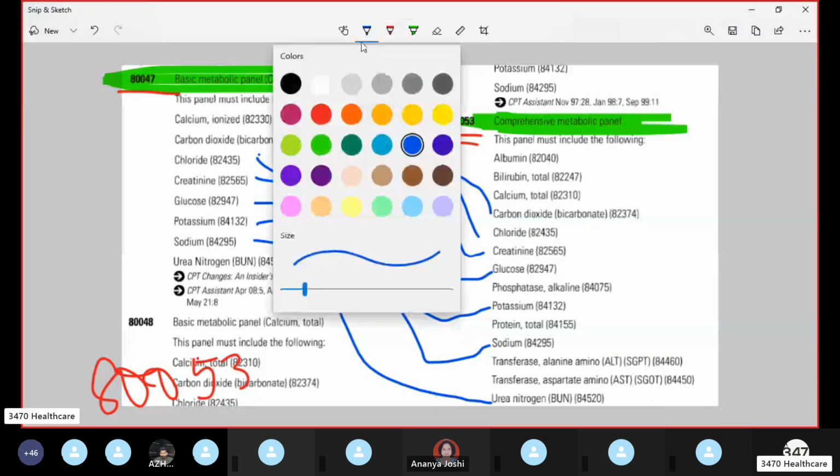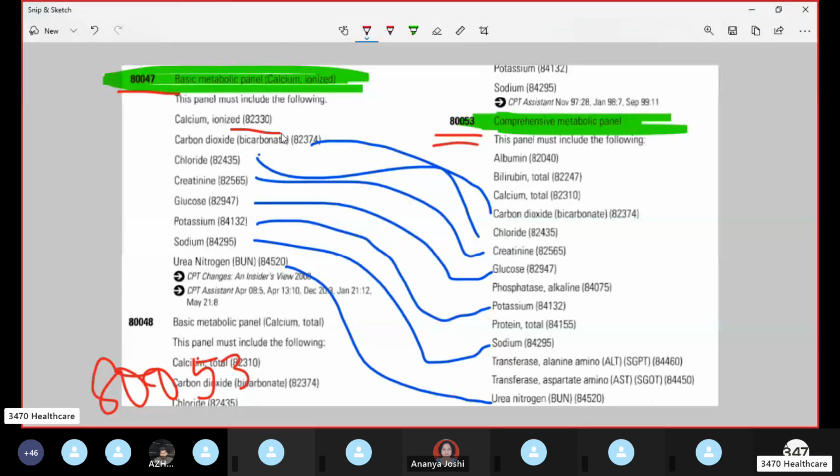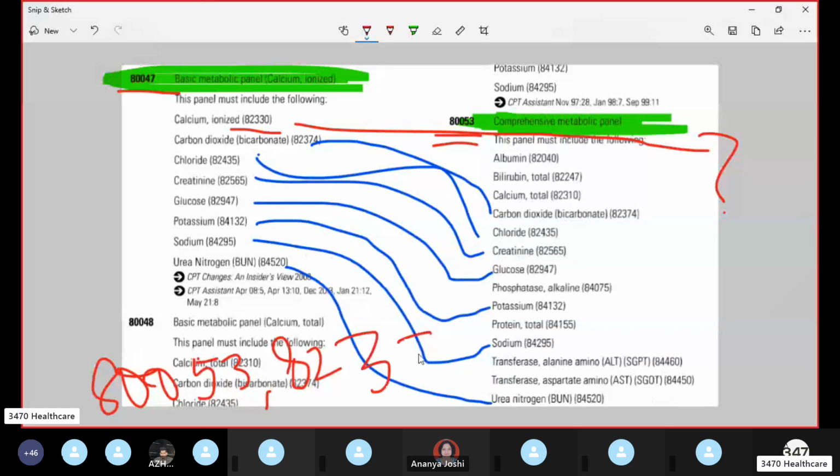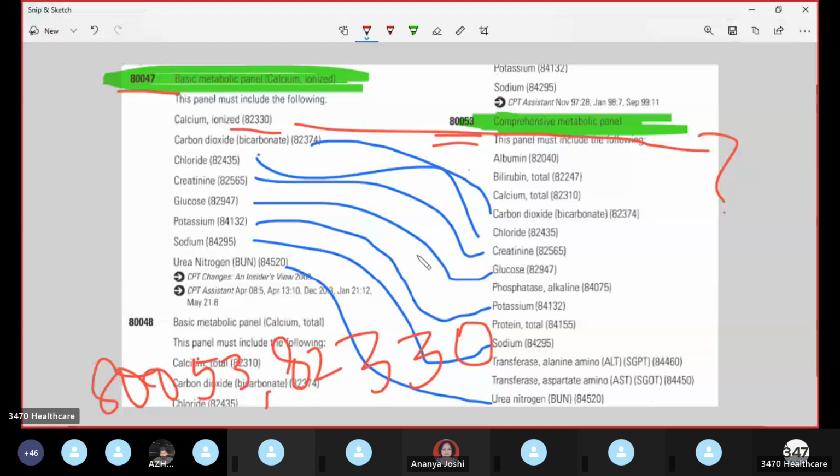In the smaller panel, calcium ionized is present, but that is not in the higher. So what do we need to do? That test alone you need to give additionally, 82330. Everyone clear?